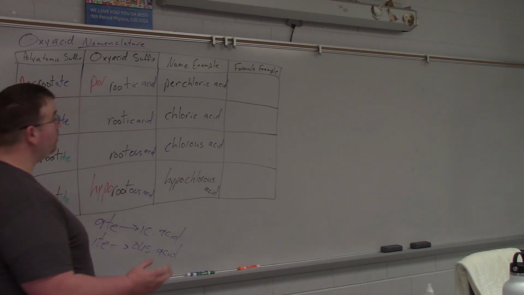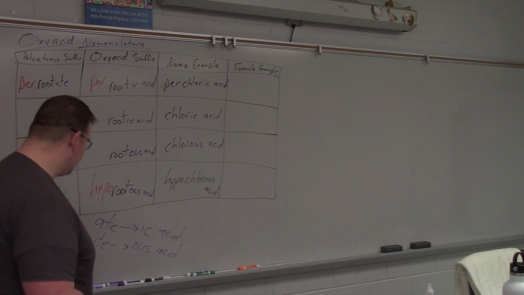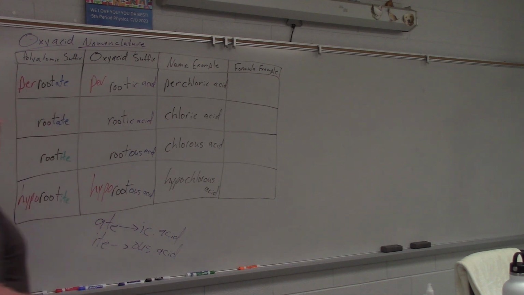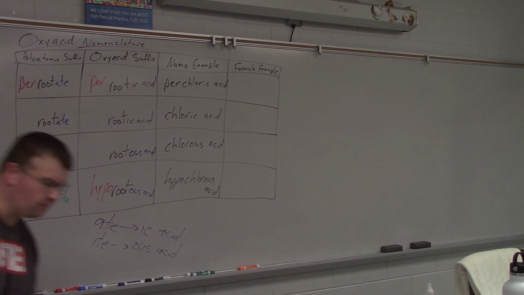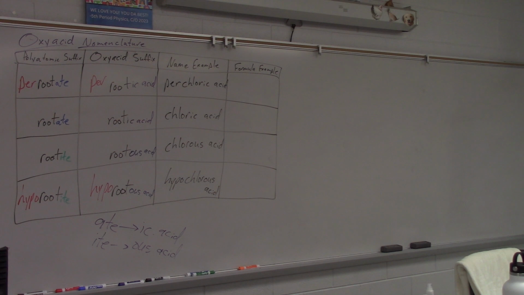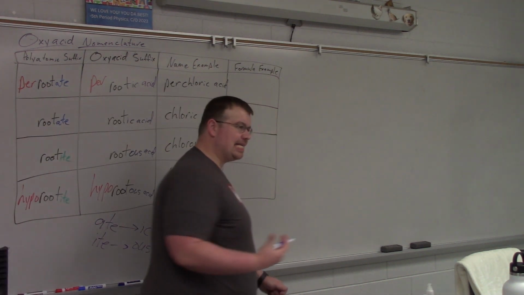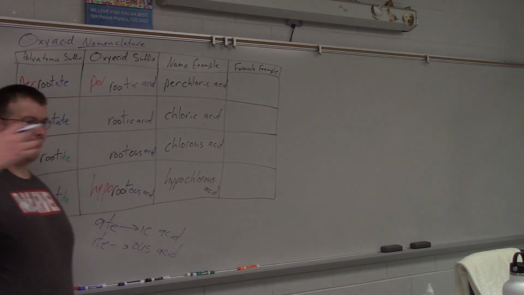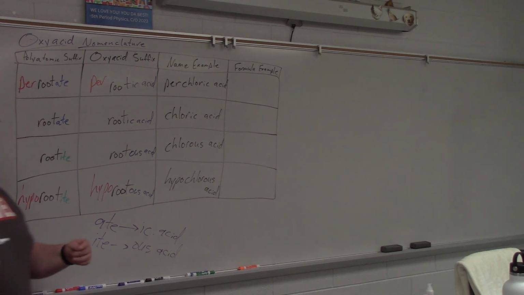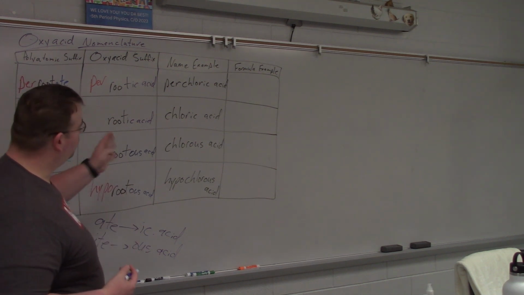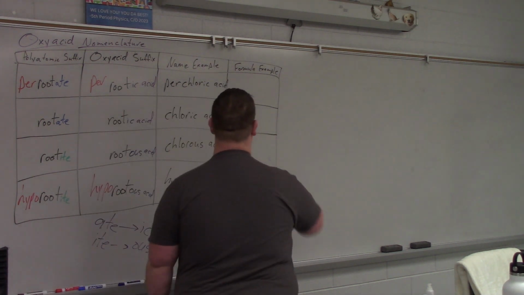I'm going to give you the formulas for them. Then I'm going to show you the trick. So when you look at it, perchloric acid: ic acid came from ate, so I do the reverse. I put ate, perchlorate. What was perchlorate?